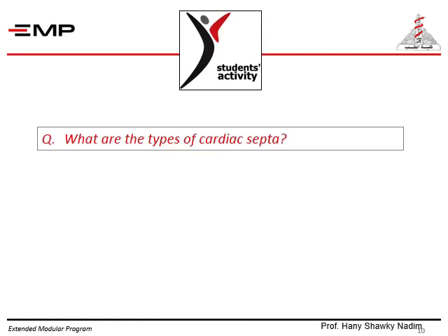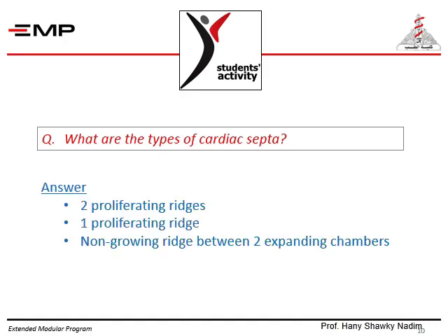Now, we said that there are 9 septa that develop in the cardiac loop, 4 in the atrium and 5 in the ventricles and bulbus and truncus arteriosus, but they develop in 3 different ways. The first type is the development of the septum by 2 proliferating ridges that fuse together.